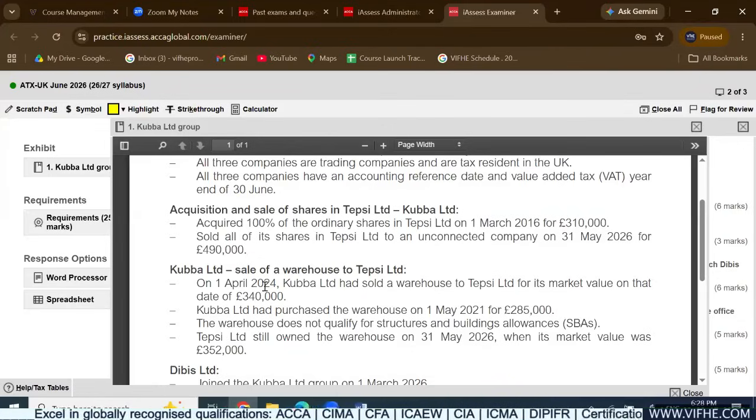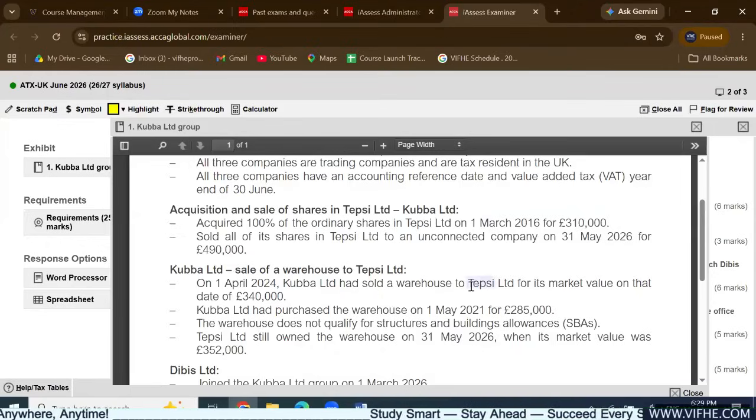And back in April 24, they transferred a warehouse. Whenever this happens between Chargeable Gains Group members, it takes place on a no gain, no loss basis, while the acquiring company is assumed to acquire the asset at its indexed cost.